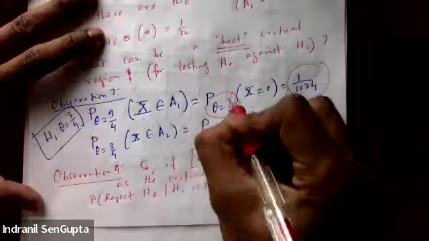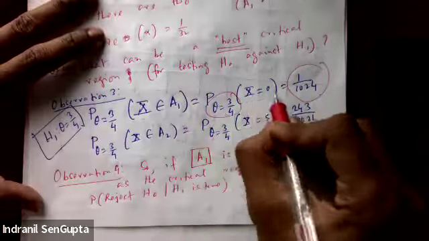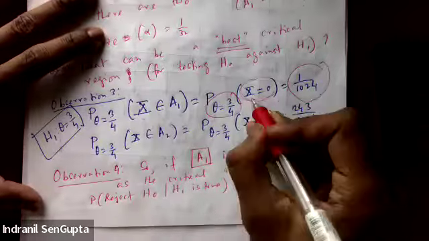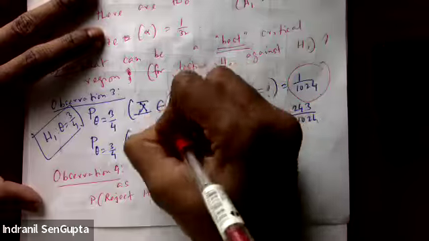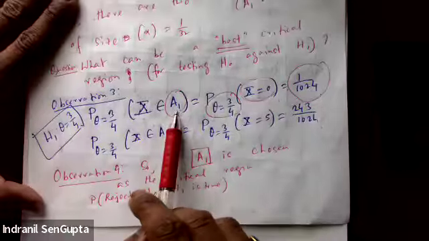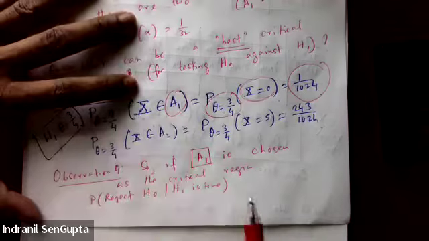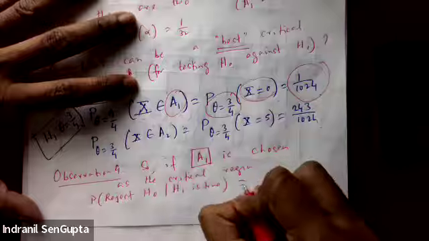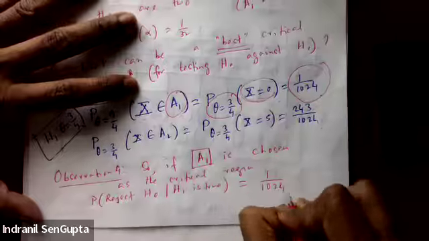So we are using the H1 theta, and the critical region is used. So this is A1, right? When x is in A1, that's the critical region, so we are rejecting the null hypothesis under the assumption that H1 is true. So what is that? It's 1 over 1024.